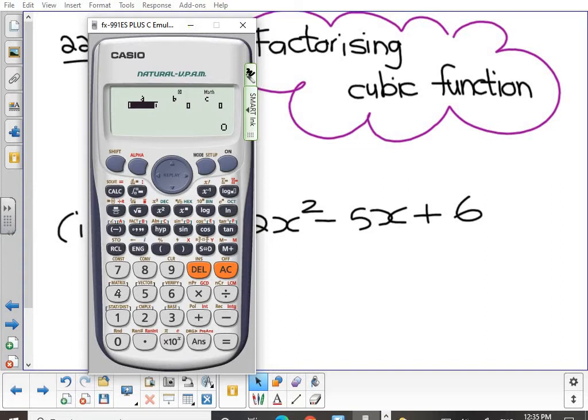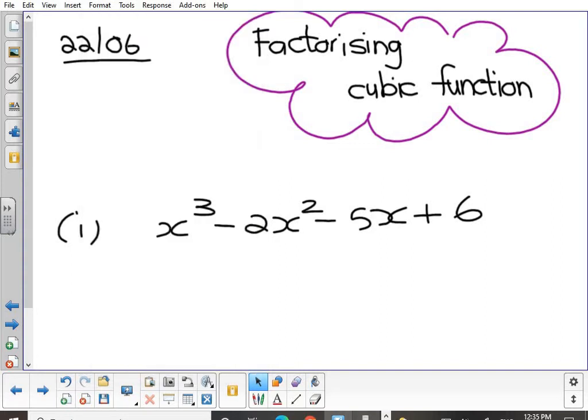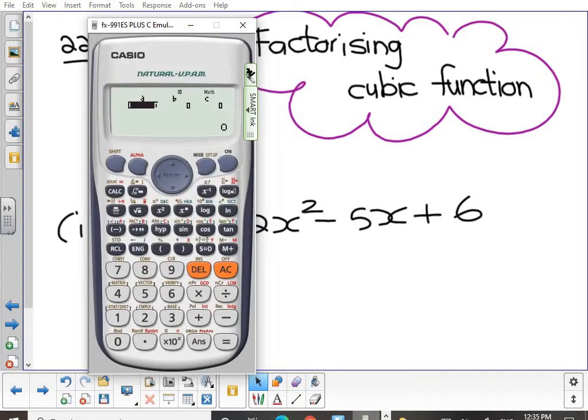So A is x cubed, B is x squared, you understand that thing? So if I go to this then, what's my A? A is 1. So I'm going to have 1 equals. What is my B? B is the thing in front of x squared, which will be negative 2. What's my C? C would be the thing in front of my x, which is negative 5. And D will then be my constant, which is positive 6.